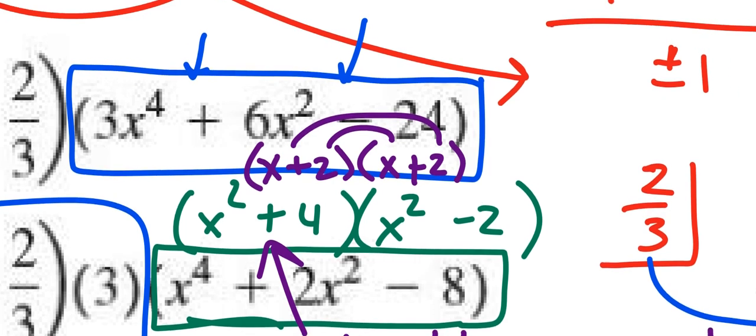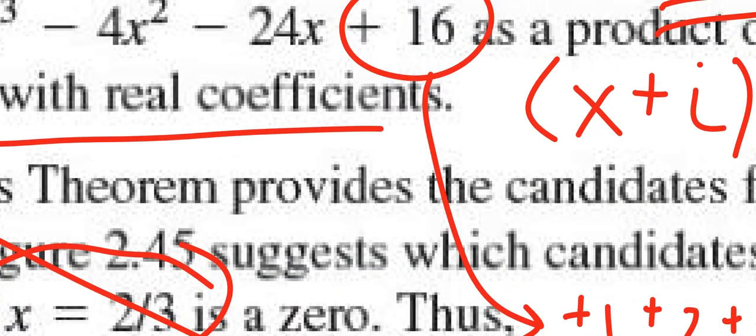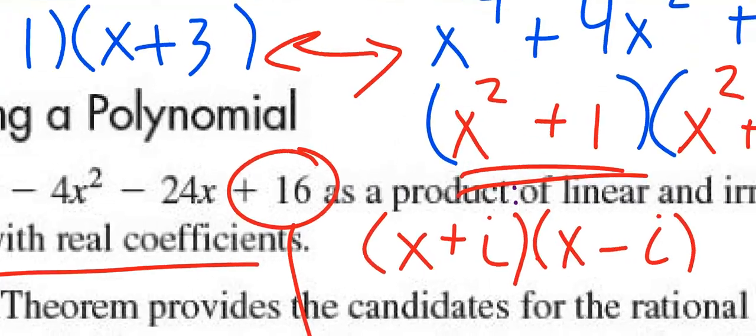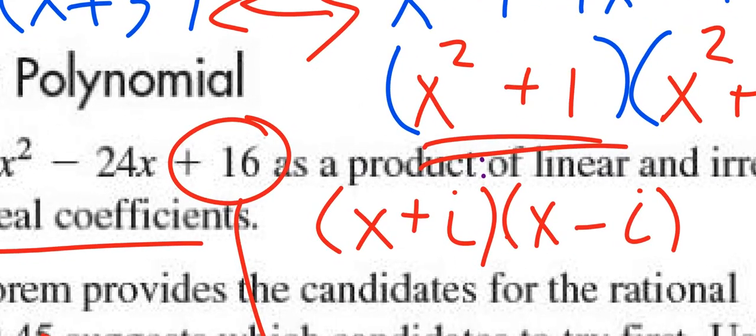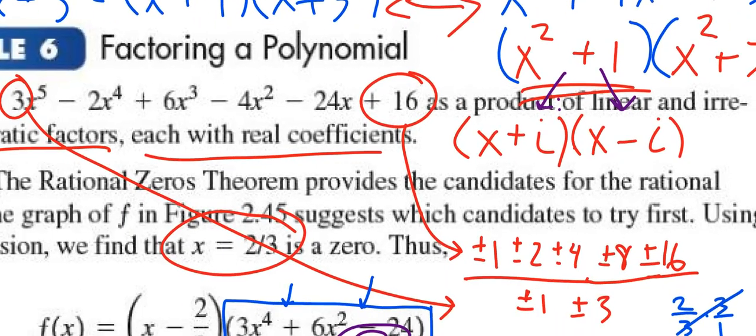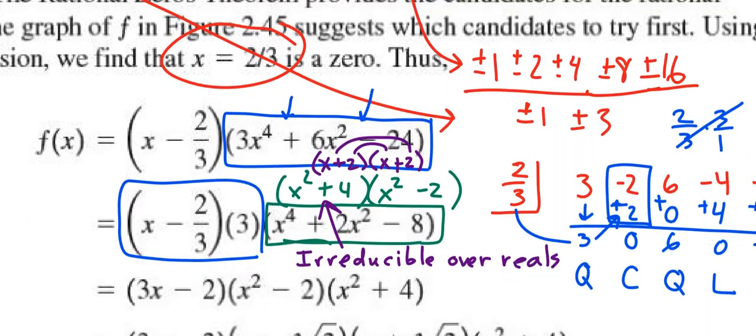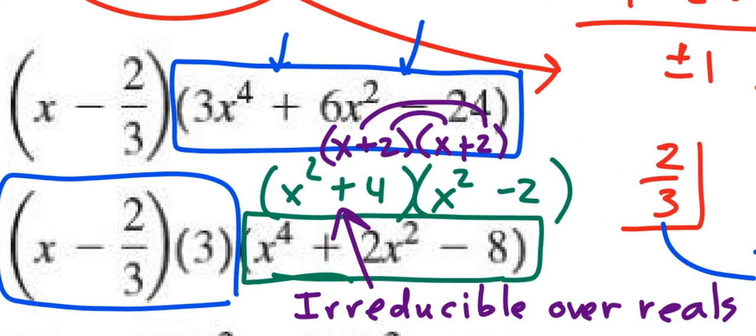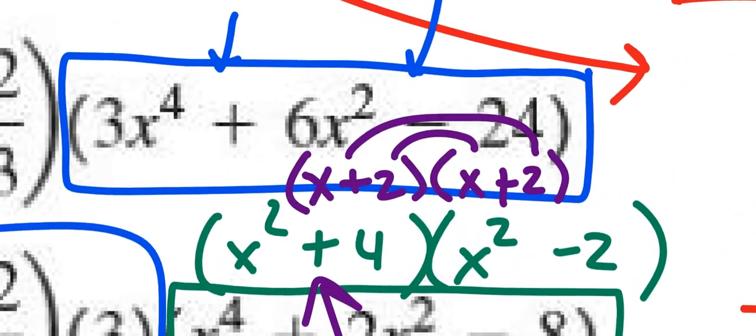Okay, now, if you go back to the thing that you did not want to look at earlier, that x squared plus 1 thing that we did, where we broke it up into this, how could you use that logic with x squared plus 4? I'm not saying that I'm going to ask you to do this, folks.